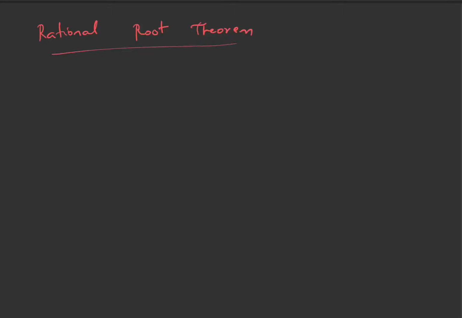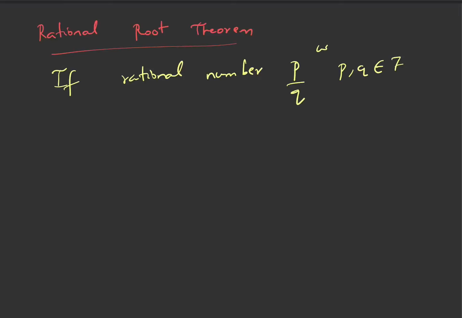So what it says is, if rational number p by q, where p comma q are integers, and GCD of p comma q is equal to 1.